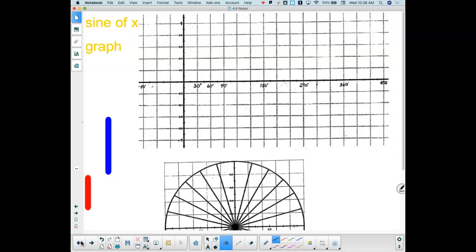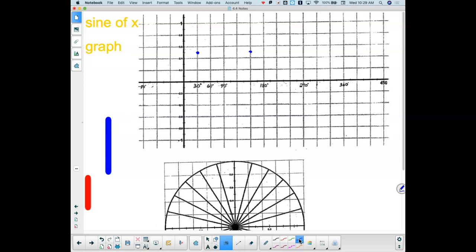All right, so you should have gotten, so at 30 degrees, okay, the cosine is square root 3 over, or excuse me, the sine is 1/2. So you should have been at 2.5 blocks, right? And then at 150 degrees, you would have been back at 2.5 blocks.